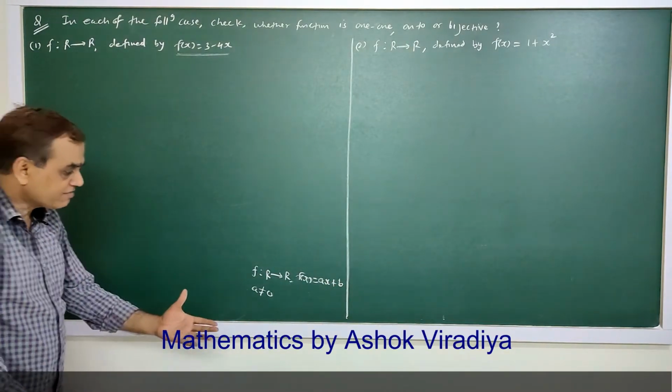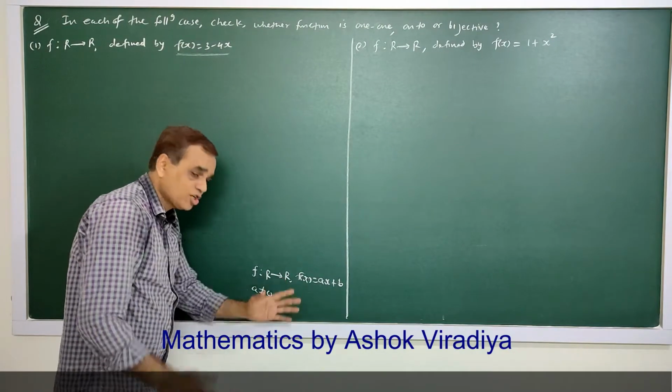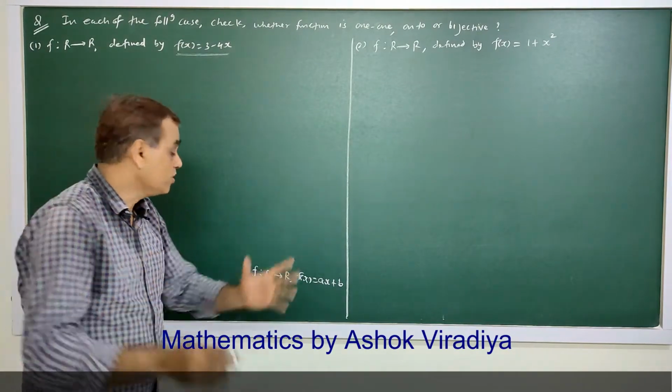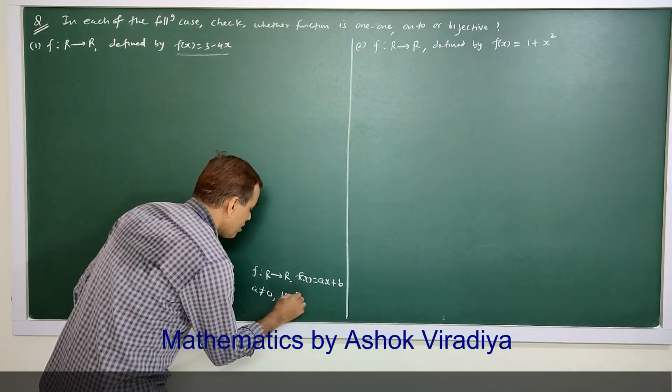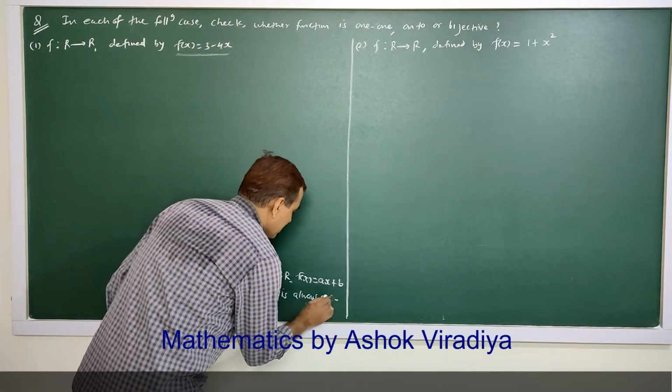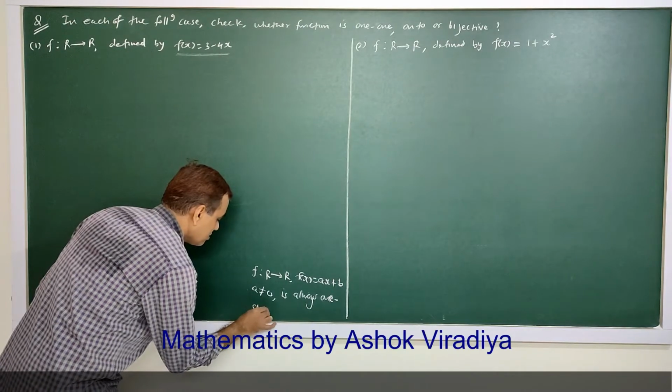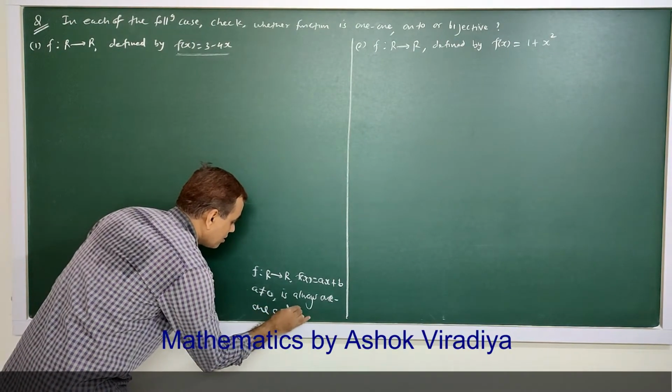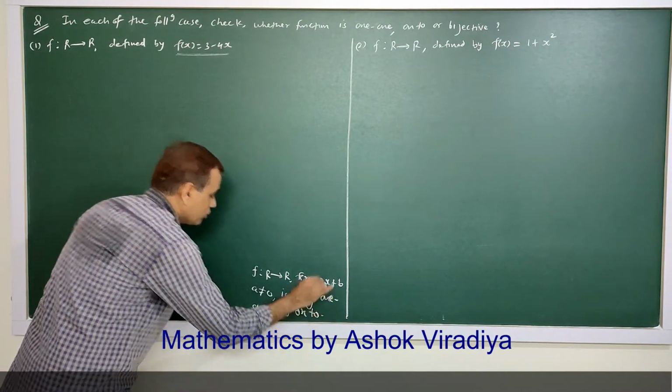and every linear function defined from R to R is always 1-1 and onto both.